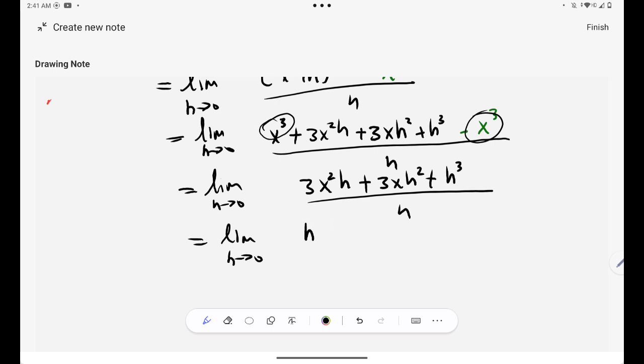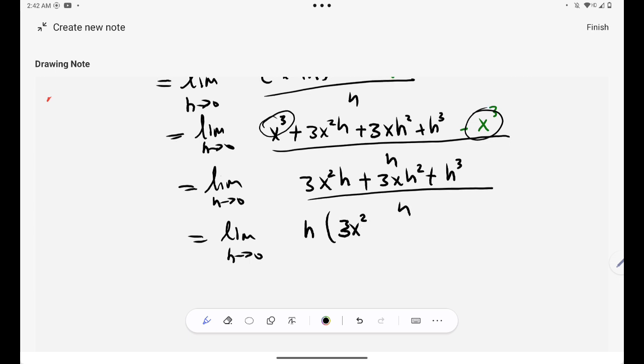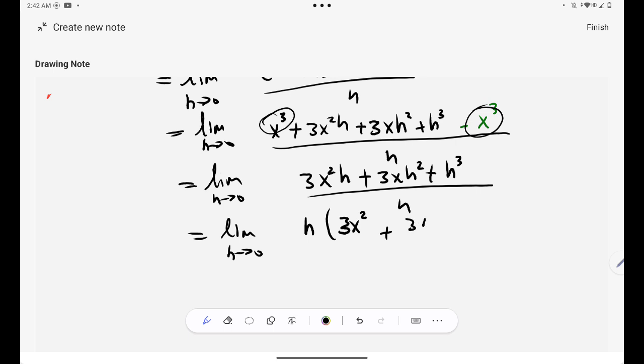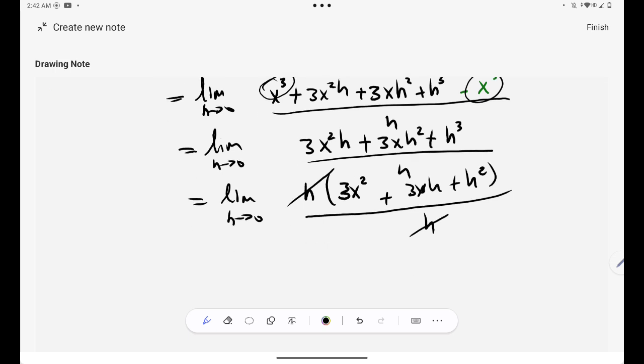I must take out a common factor at the top. I'll have 3x squared h. No, I'll just have 3x squared plus 3xh and h squared all over h. This will cancel this, and then I'm left with limit as h approaches 0 of 3x squared plus 3xh plus h squared.